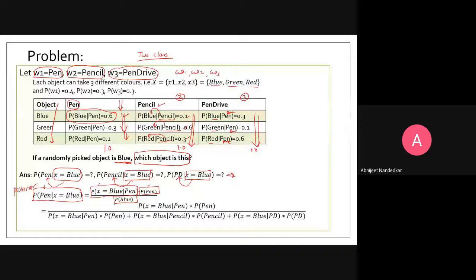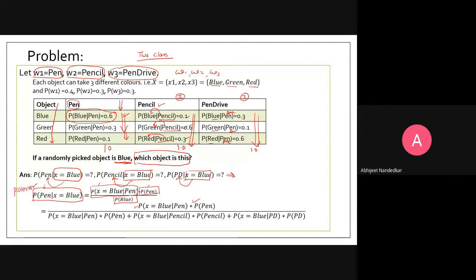So what I do is I write the numerator as it is because I know values of this. From the table I can easily get. Now the denominator is the probability of selecting a blue, or the probability of obtaining blue in the problem domain. So I am not interested now in what object that is. Irrespective of that, I am interested in color.